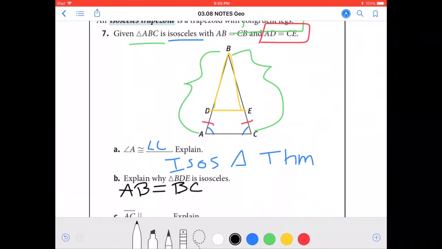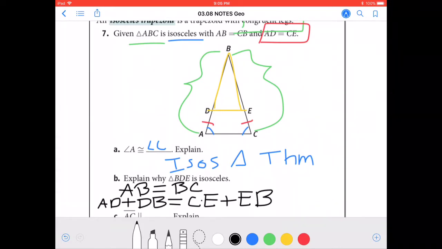We can also break down AB into its two parts to say that AD plus DB. So we broke down AB, so now let's break down BC, which is equal to CE plus EB.